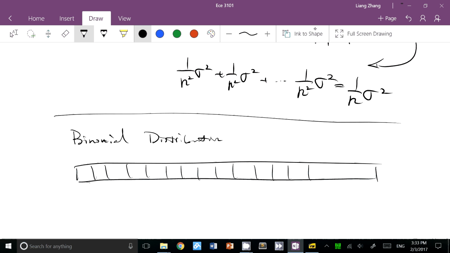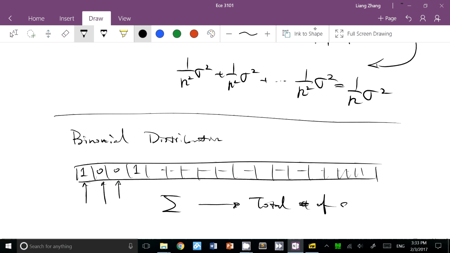Okay. So if you are looking at each toss or each trial as one random variable x1, x2, x3, and you use 1 and 0 to represent success and failure, then when you do the summation of these 1s and 0s, it actually will be equal to the total number of successes, right?